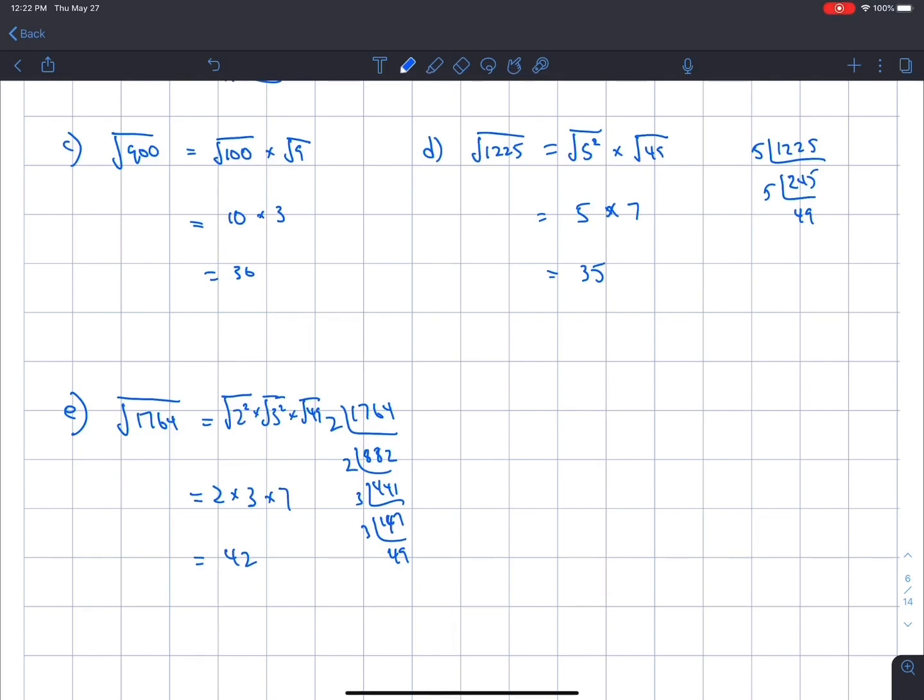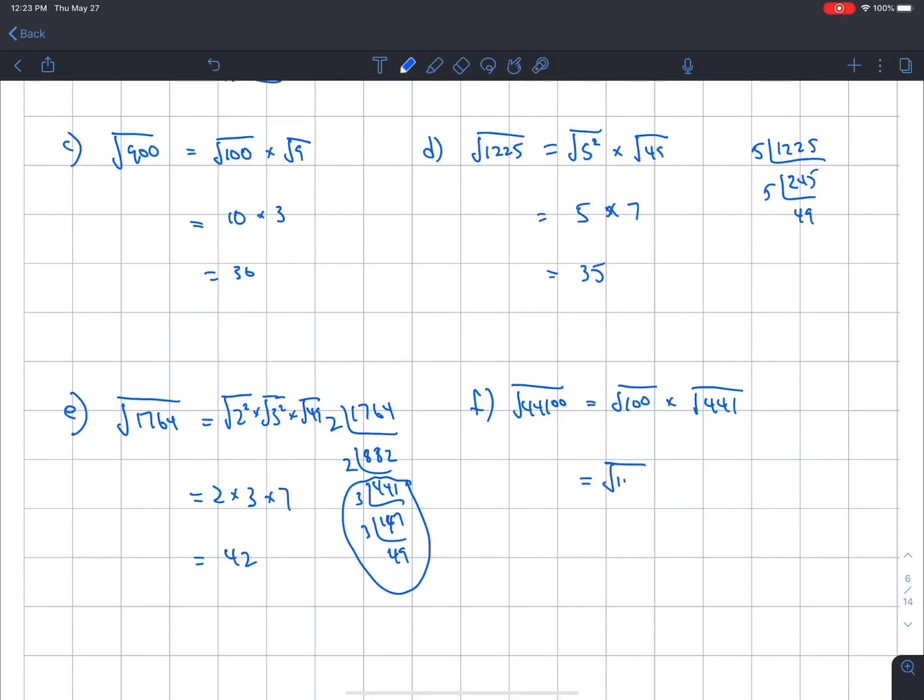And F, square root of 44100. So again, there's 100 because of the 00. I'm going to take that out. So square root of 100 times the square root of 441. We have seen 441 here, right, from the last question.